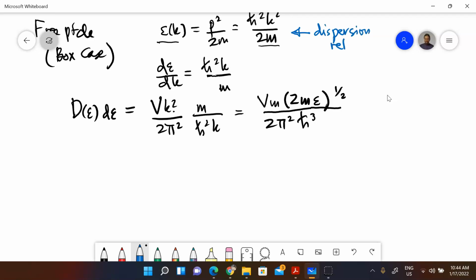I'm not sure whether I've done this before, but the idea of a dispersion relation is it tells you how the probability spreads about a particular peak. So here is essentially your dispersion relation for the non-relativistic case.